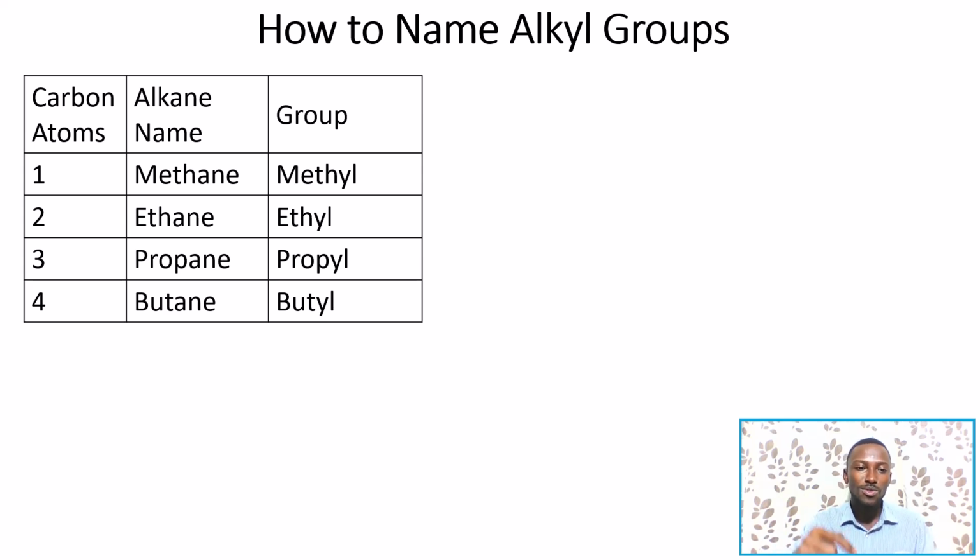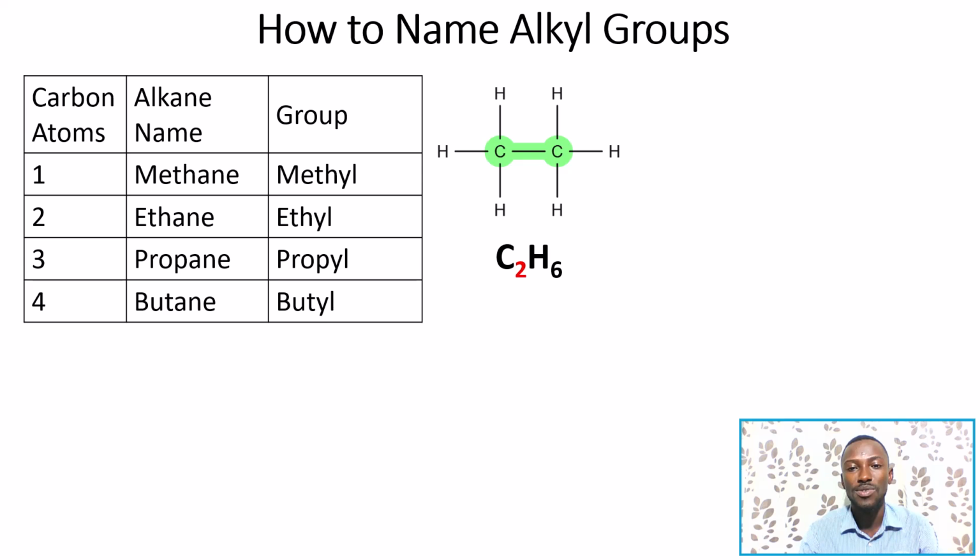Ready? We've already looked at the first one in an earlier slide, that is methane. When you cut the hydrogen from it, you are left with CH3, that is a methyl. Now let's focus on carbon number 2. A 2-carbon alkane is known as ethane.